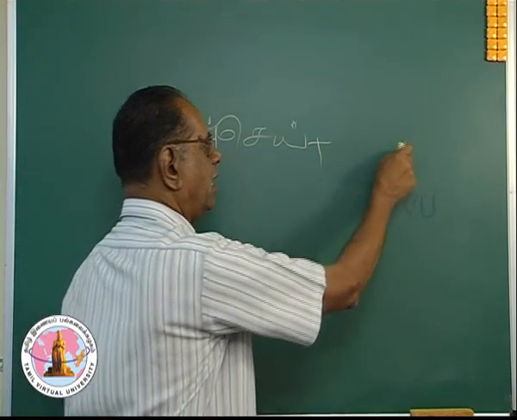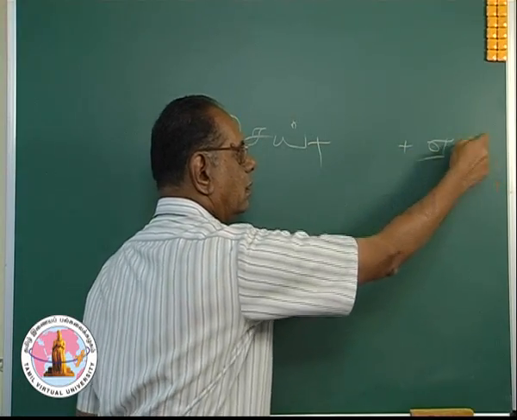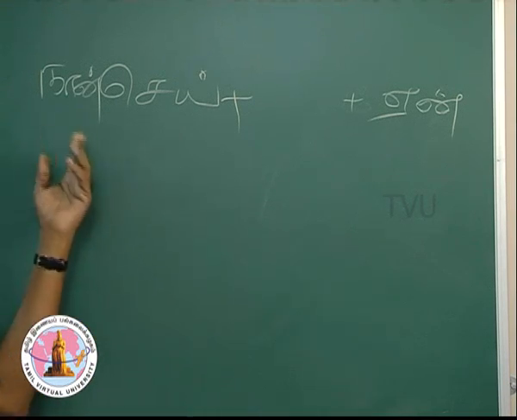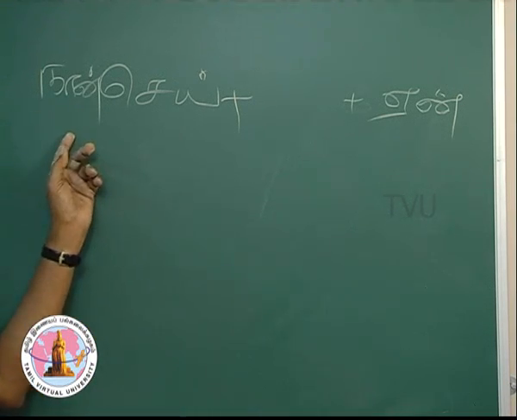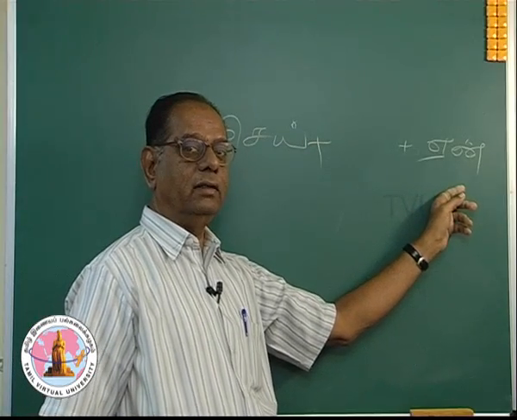What is the personal marker? Just now we saw it. For first person singular naan, the personal marker in the verb will be ஏன்.